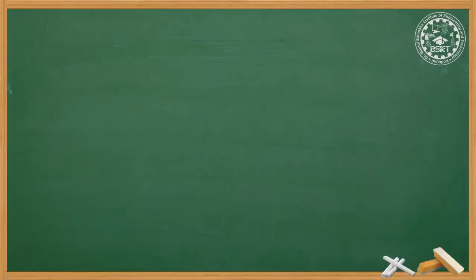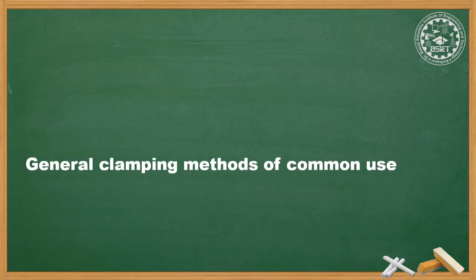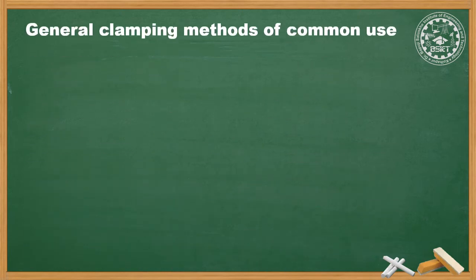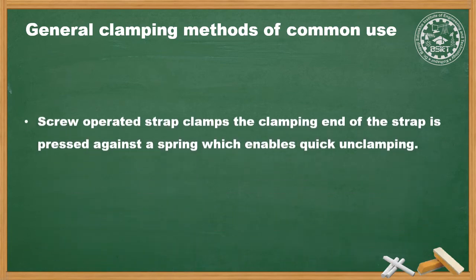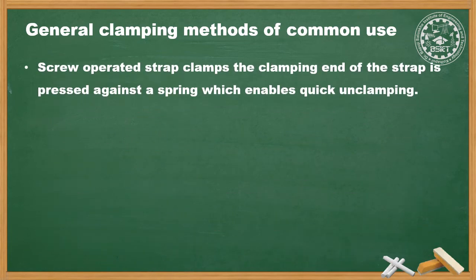The next are the general clamping methods of common use, or the simple clamping methods which are used widely in industry. Screw operated strap clamps are used for clamping, and the end of the strap is pressed against a spring which enables quick unclamping.